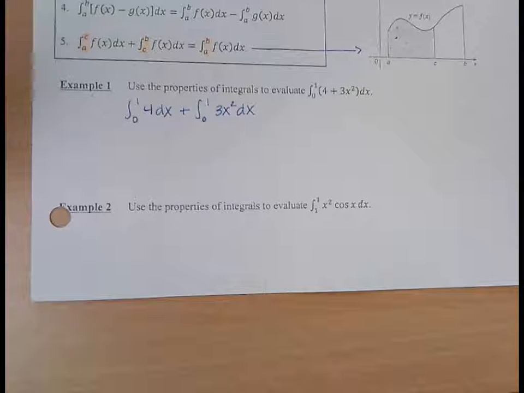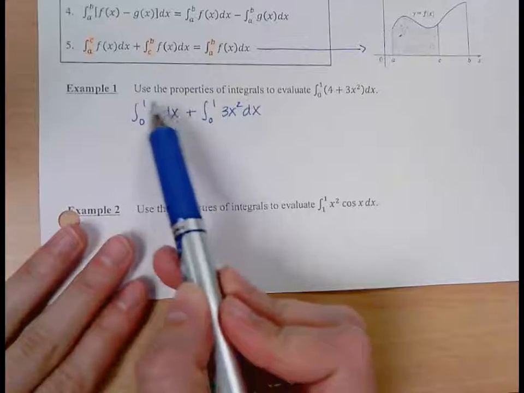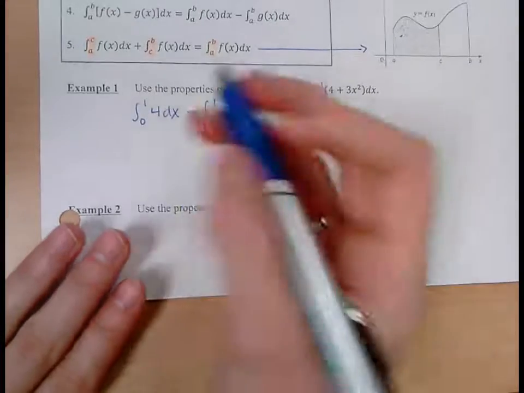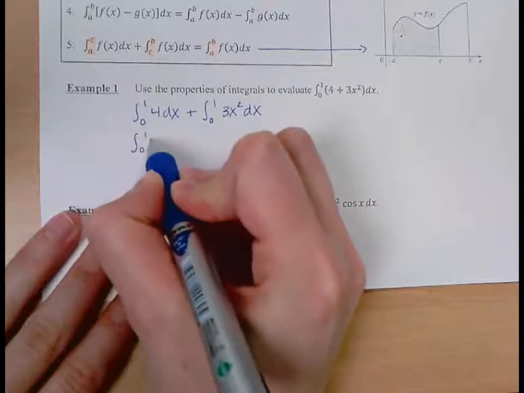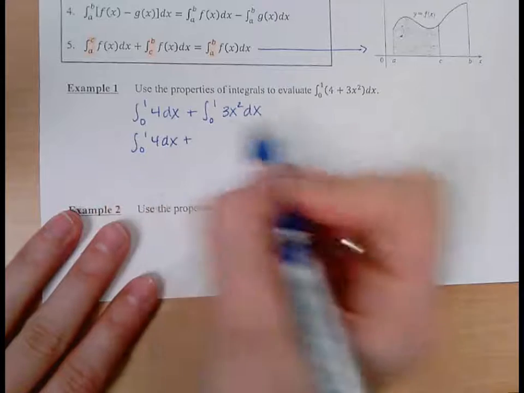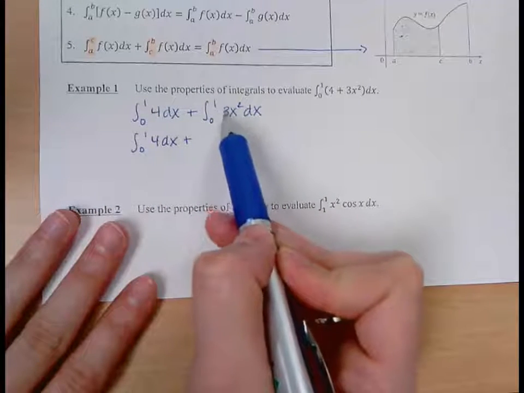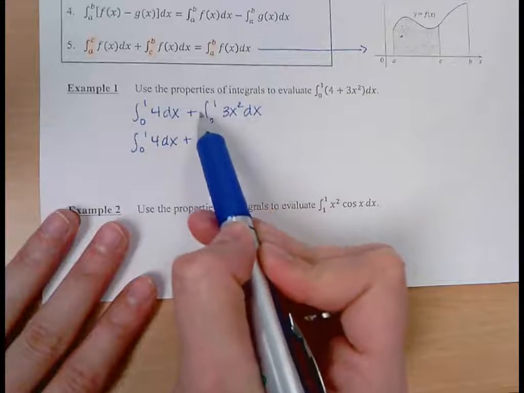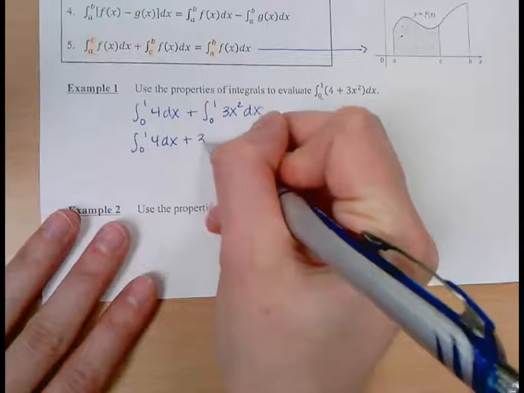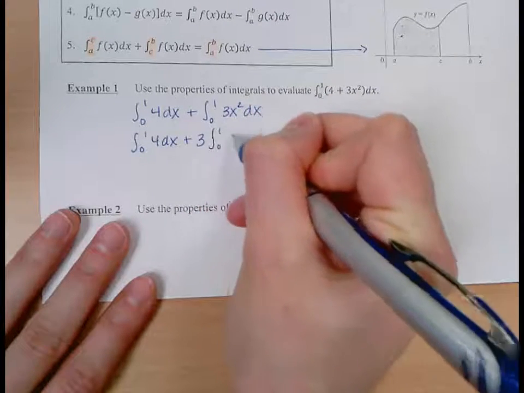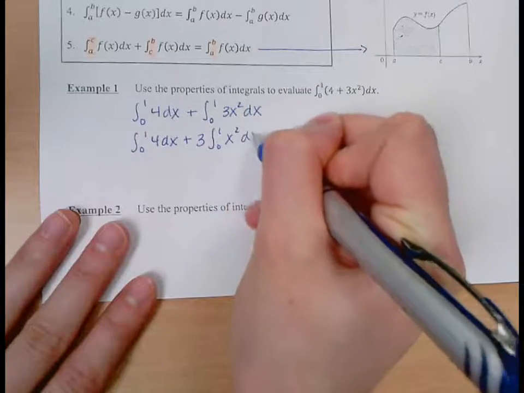So that's using the second property. You don't have to write that down. That's using the second property. Then, before I do anything with this integral, I'm just going to leave it for right now. But for the second one, that coefficient of 3, I can actually write in front of the integral and say this is 3 times the integral from 0 to 1 of x squared dx.